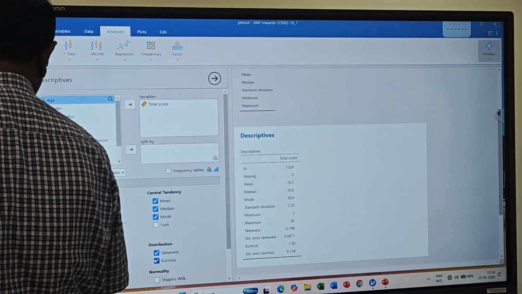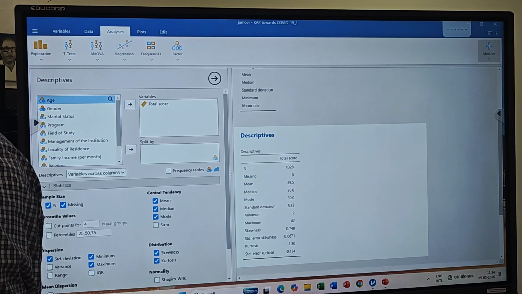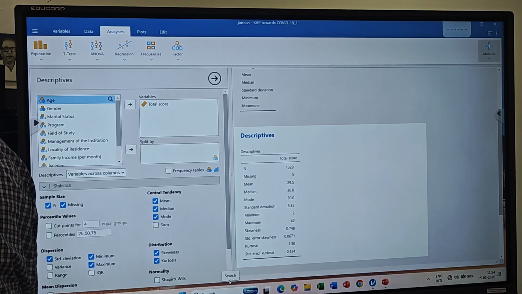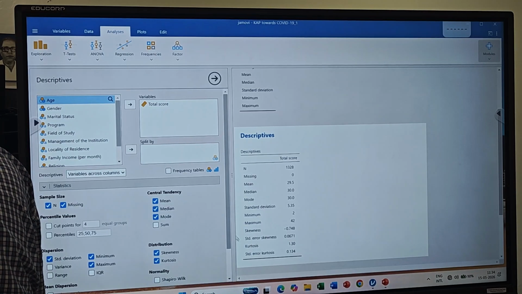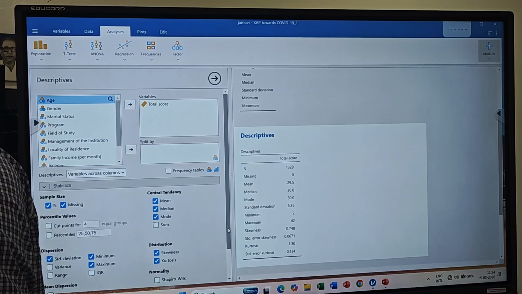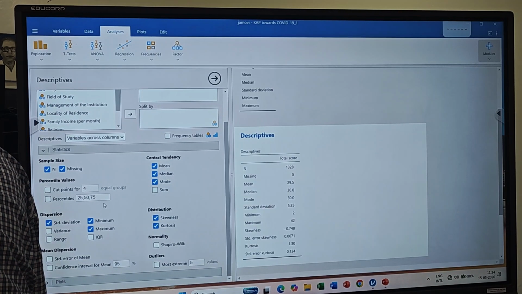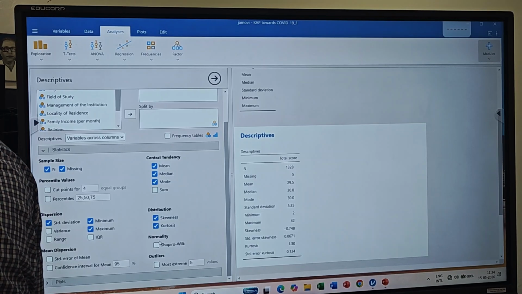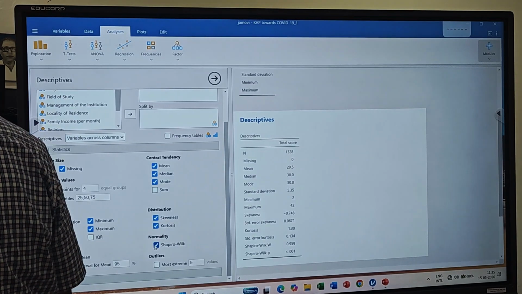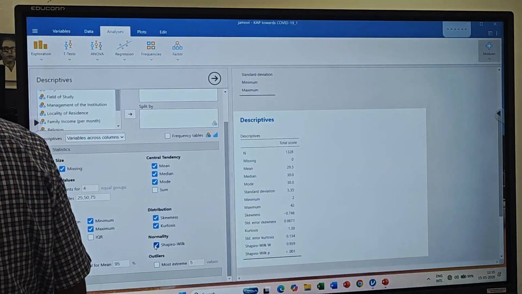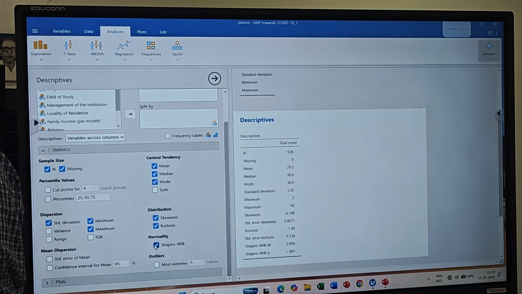Whatever you want, you click it, and it will be populated on the right hand side. Now we go for plots or normality. I can get the Shapiro-Wilk with the value 0.959 and probability less than 0.001. That's all, just by clicking we get there.